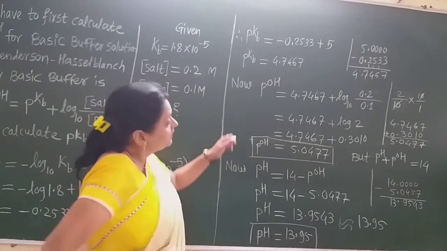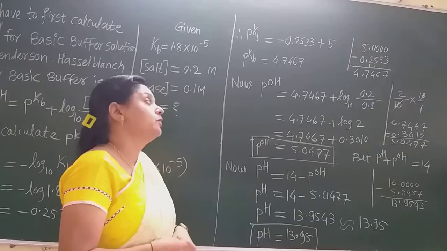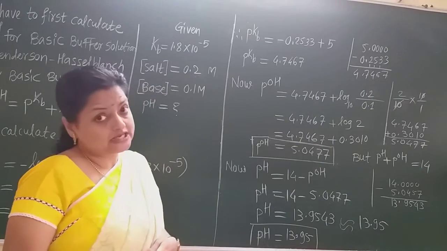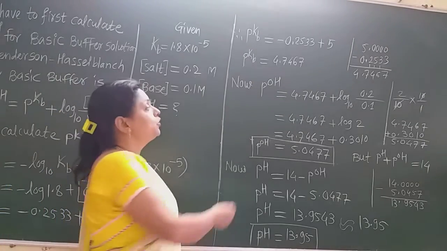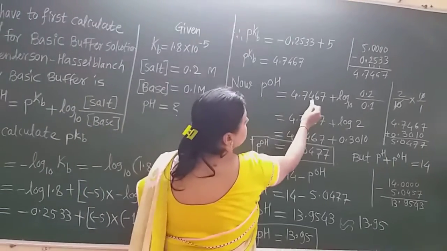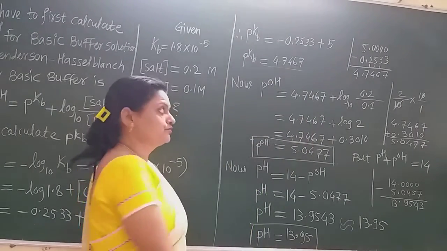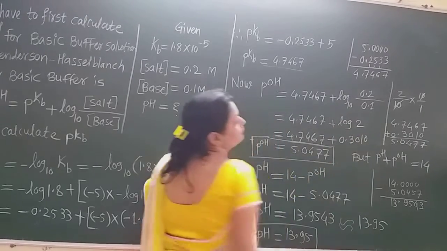Now substitute the values of the pKb, the concentration of salt and the concentration of base in the Henderson-Hasselbalch equation. Now pOH is equal to 4.7467, which is the pKb value I substitute here, plus log to the base 10 of 0.2 divided by 0.1.